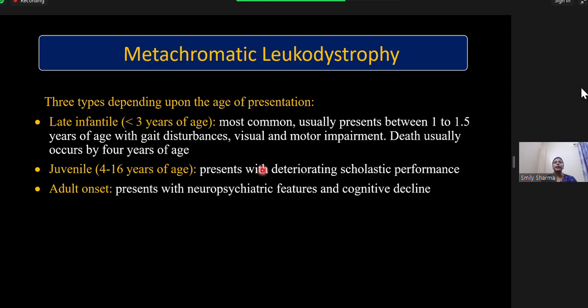There are three types depending upon the age of presentation: late infantile, juvenile, or adult onset. The most common one is the late infantile, which has characteristic clinical features. Patients present with gait disturbances, visual and motor impairment, and death usually occurs by 4 years of age. The adult variant is rare, and it is associated with neuropsychiatric features and cognitive decline.